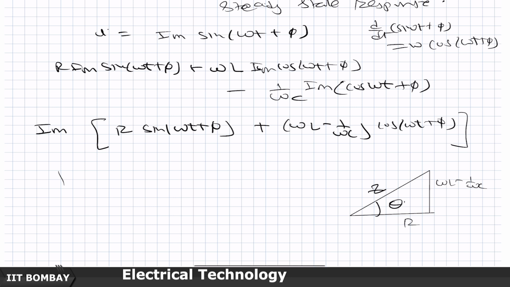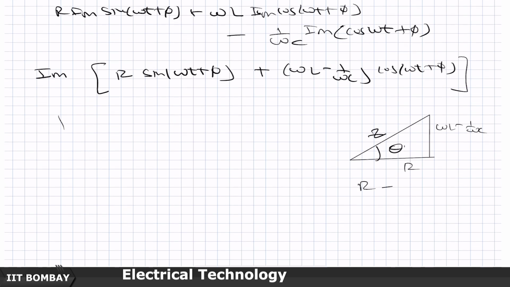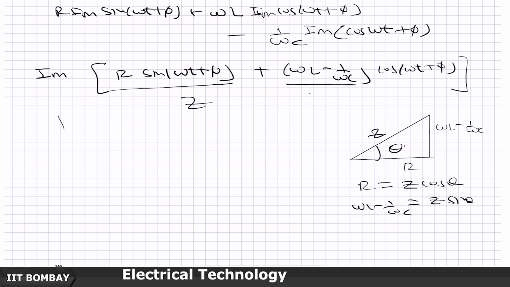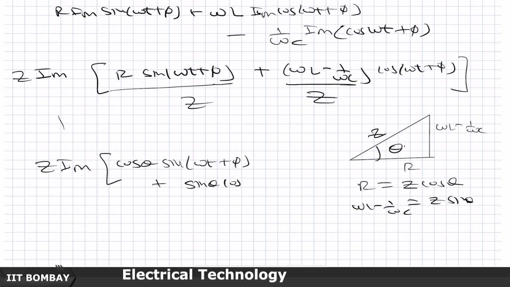Then I can write R as Z cos theta and omega L minus 1 by omega C as Z sine of theta. So I divide and multiply this by Z, and I can write this as cos of theta sine of omega t plus phi plus sine of theta cos of omega t plus phi.